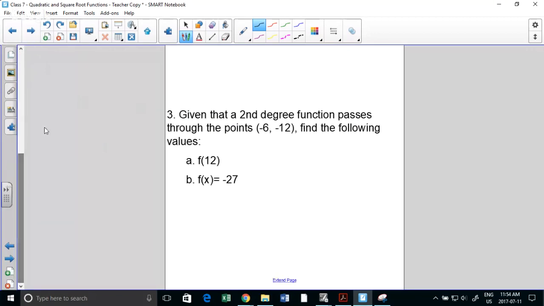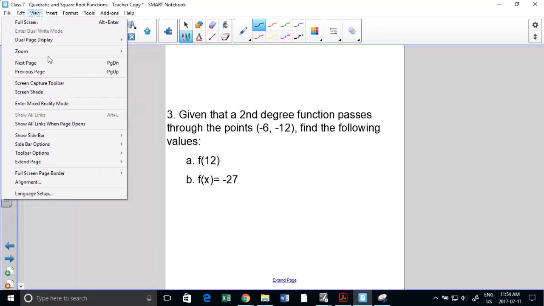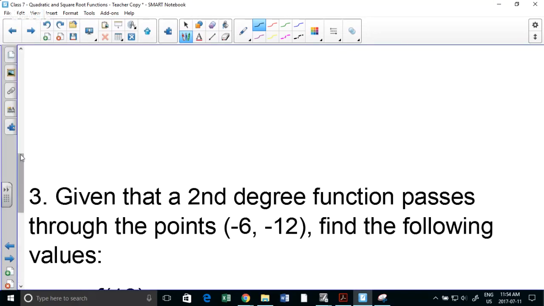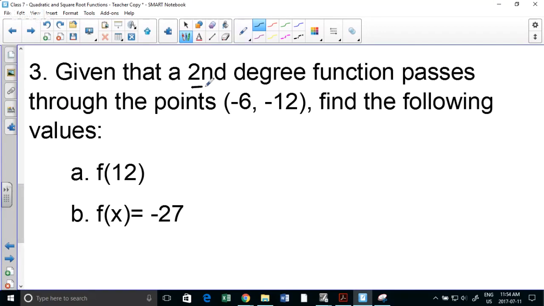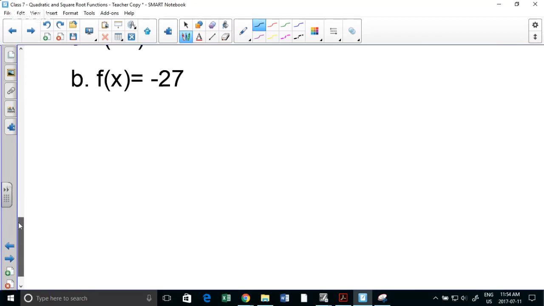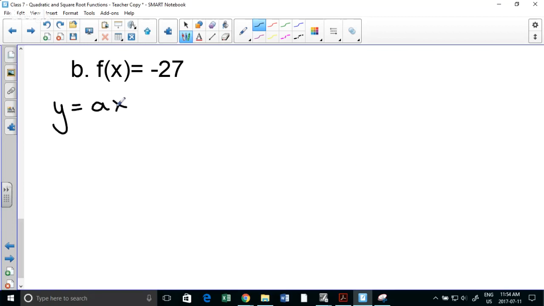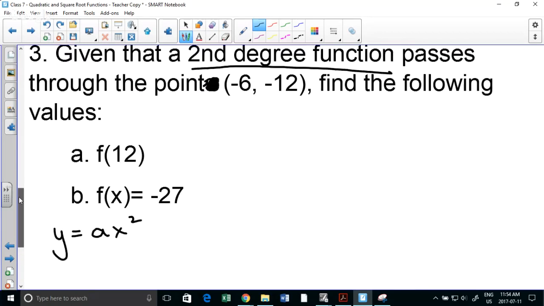For instance, we're going to do number 3. Given that a second degree function, that's a parabola, passes through the point -6, -12, find the following values. The first thing we're going to do is find the rule. y equals ax squared. If we remember, all we need is 1 point.